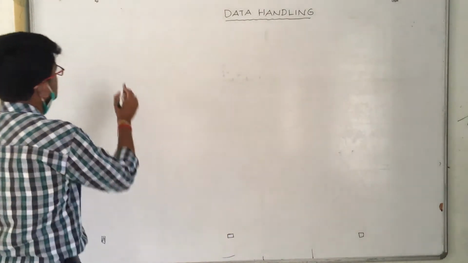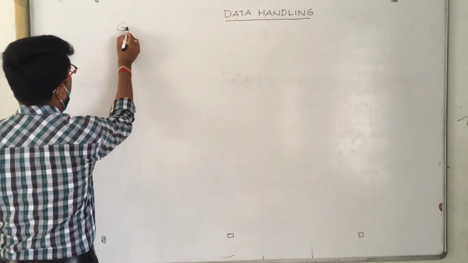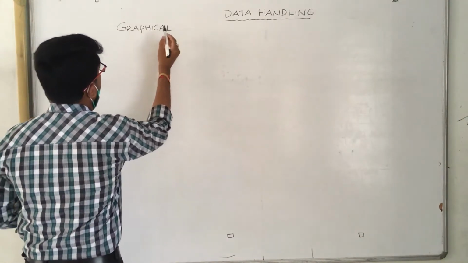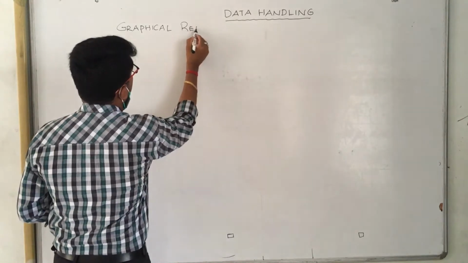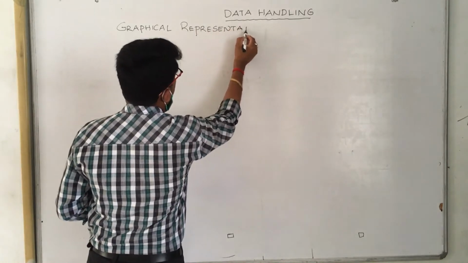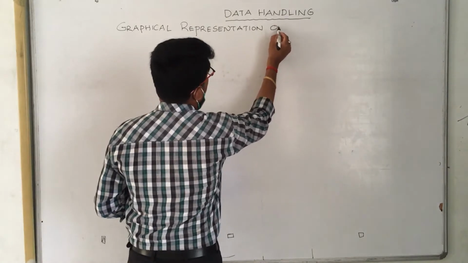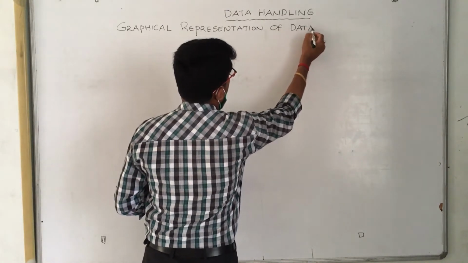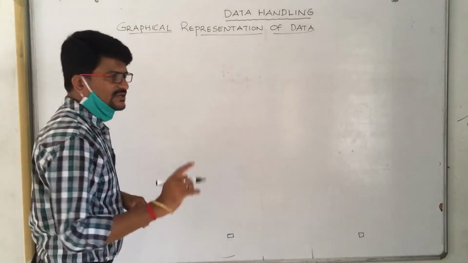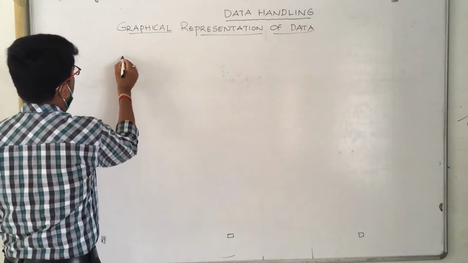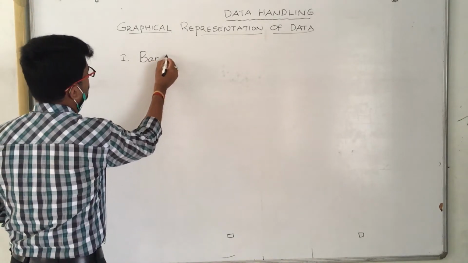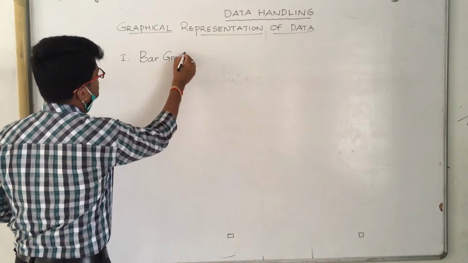Okay. Now, graphical representation of data. In that, first one is bar graph. What is it?